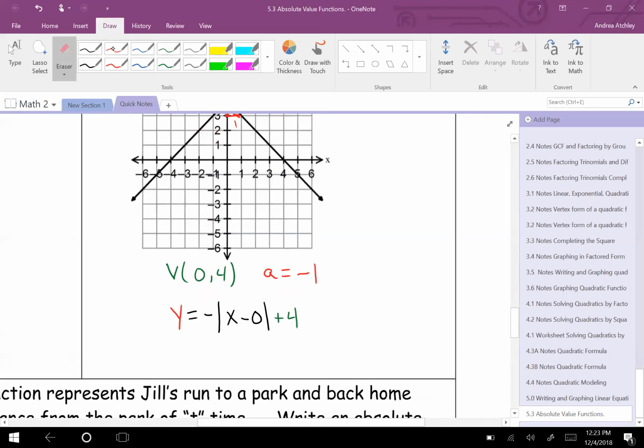Let's stay with y. y equals negative absolute value of x plus 4. So this is how you'll see it written on a standardized test. They probably would not put x minus 0. Any questions over that?